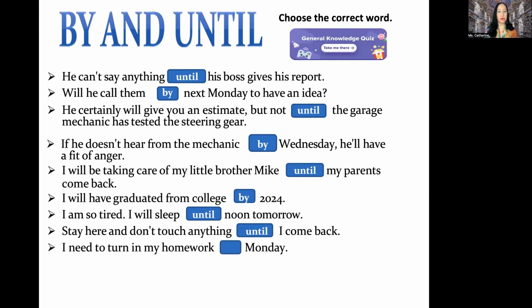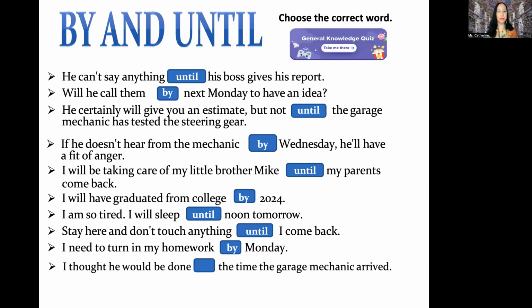I need to turn in my homework blank Monday. I need to turn in my homework by Monday. I need to turn in my homework until Monday. What question does it answer? Is it deadline or duration? By Monday. Excellent.